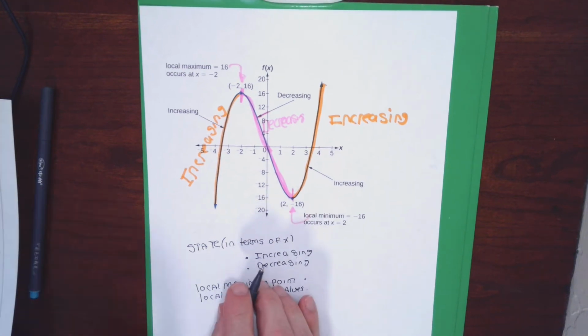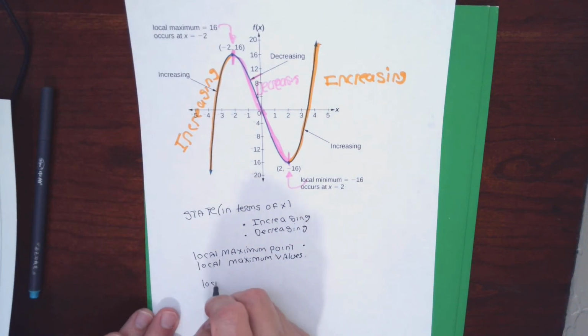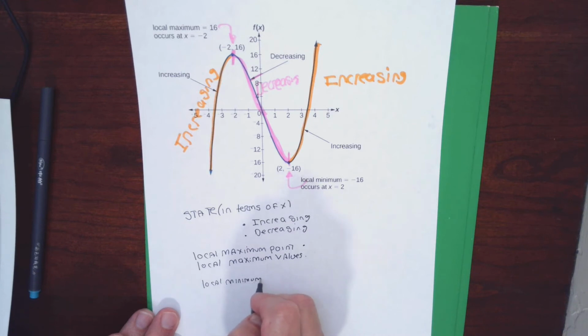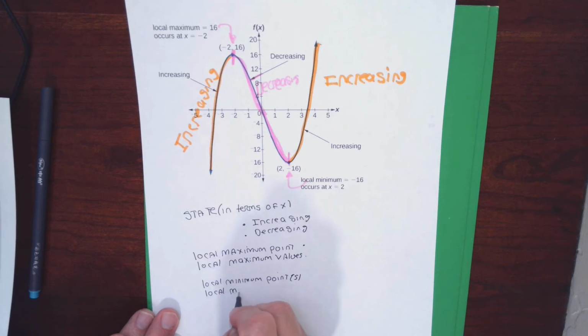And I'm also going to need to identify any local minimum points and the corresponding local minimum value. And let me jump to the max and min stuff because we already kind of touched on that.